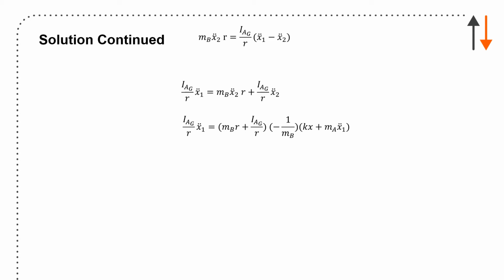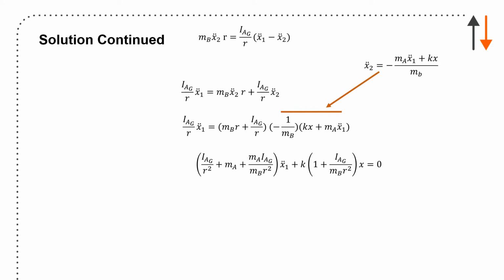I have all the terms, substituting in expressions, and I get I_AG x1 double dot is equal to M_B R I_AG over R times x2 double dot, which is minus 1 over M_B, Kx, M_A x1 double dot. This is going to get confusing, but that's really what that is.